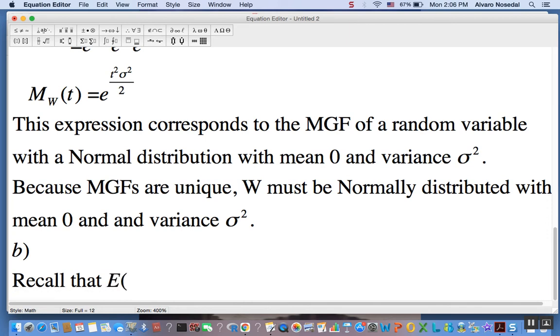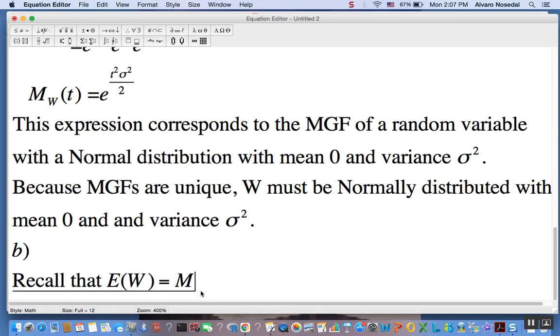The expected value of W is going to be just take your MGF and take the derivative of your MGF with respect to t, evaluate it at 0, and you'll be fine.